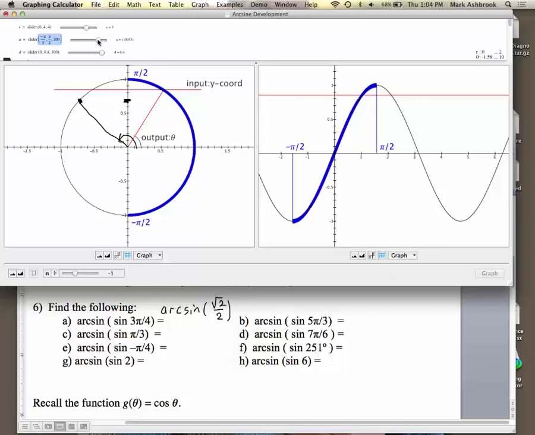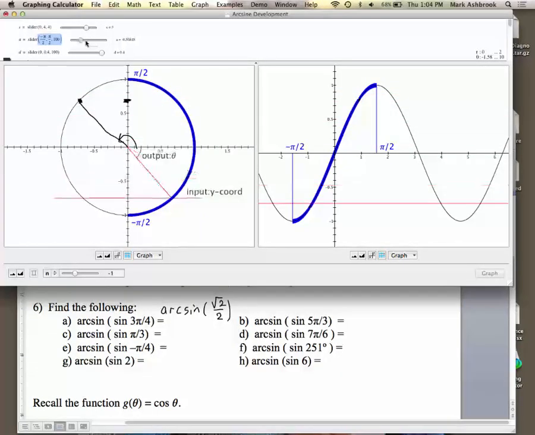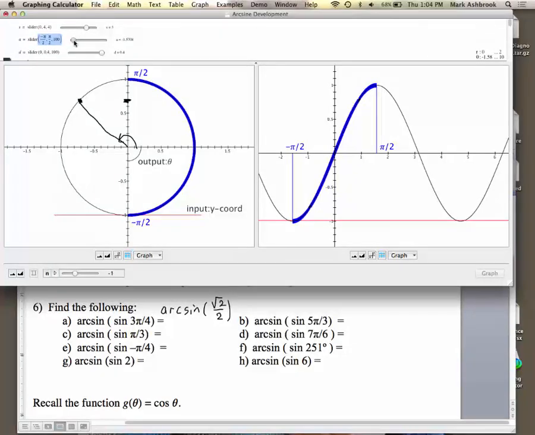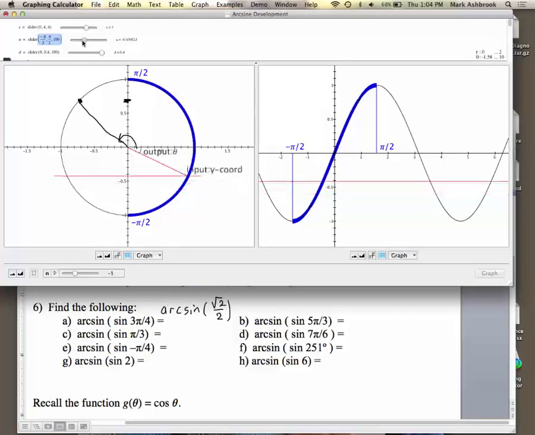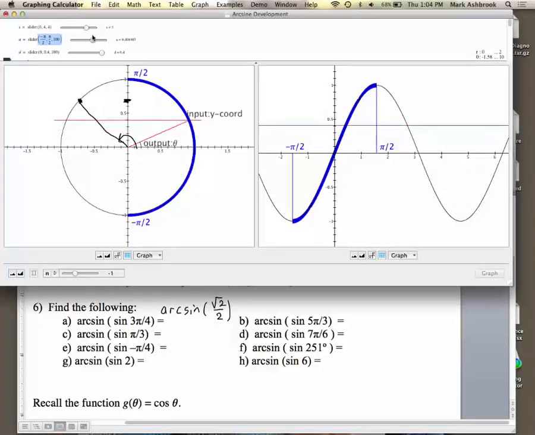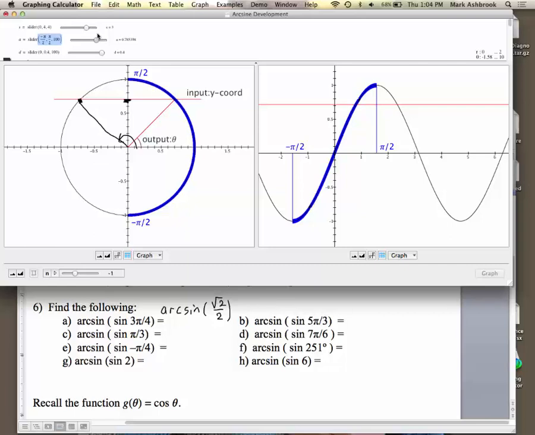Is it going to give us 3 pi over 4? No, because that's not in the range of arcsine. It's going to give us the angle between -pi over 2 and pi over 2 that gives an output of radical 2 over 2. What angle in that range gives a vertical distance of radical 2 over 2?